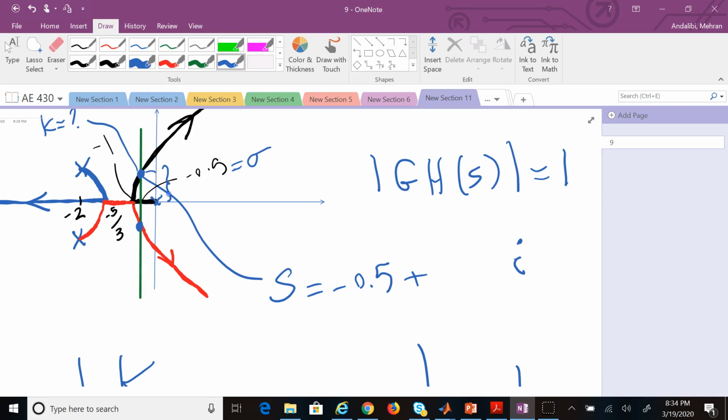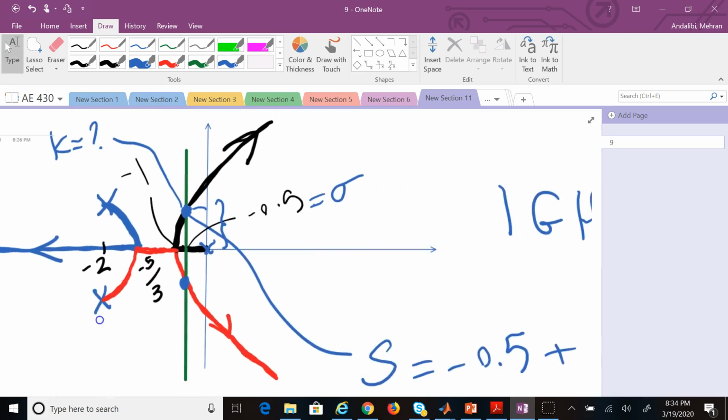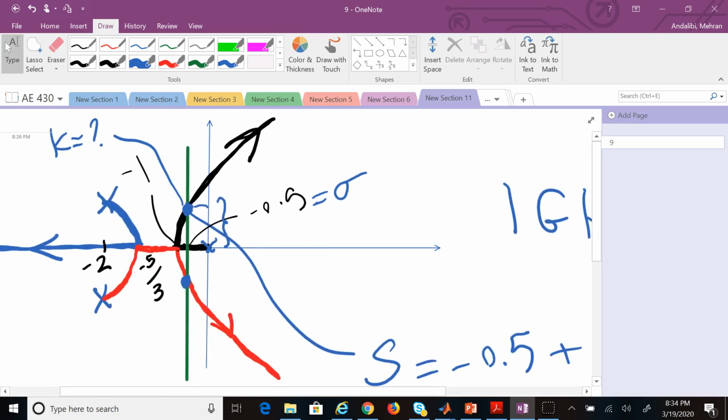But if somebody says do it on a piece of paper, how can we do that? And in order to answer that, maybe that asymptote that we have, maybe it can come to play. That's one way, although this point is not exactly on the asymptote.